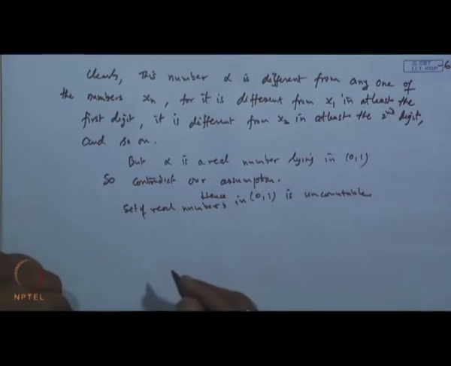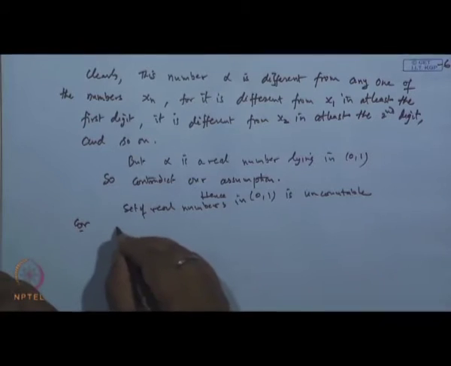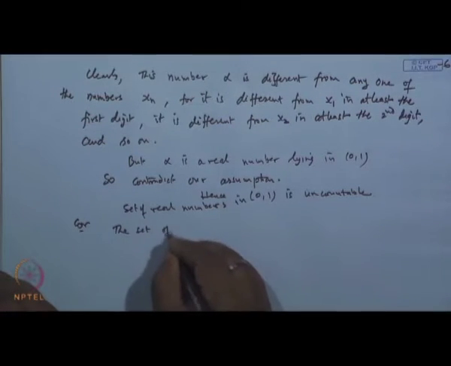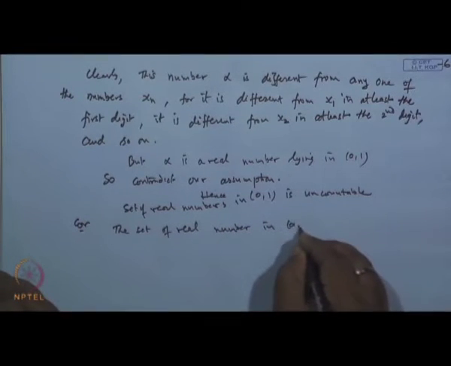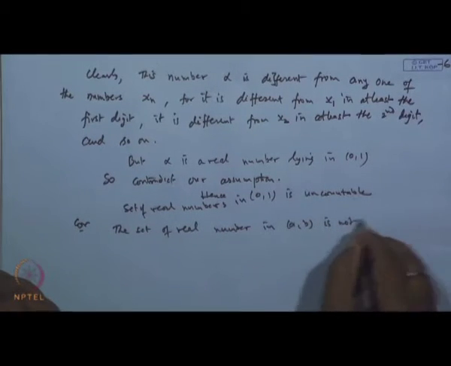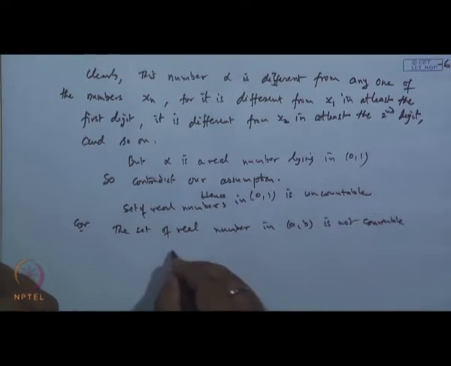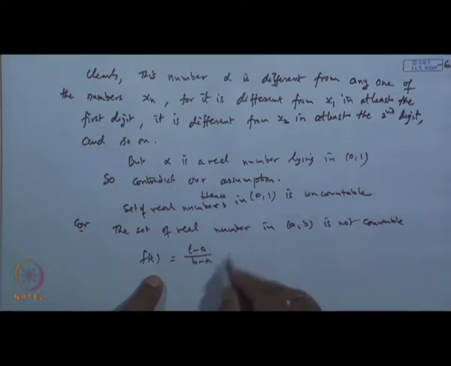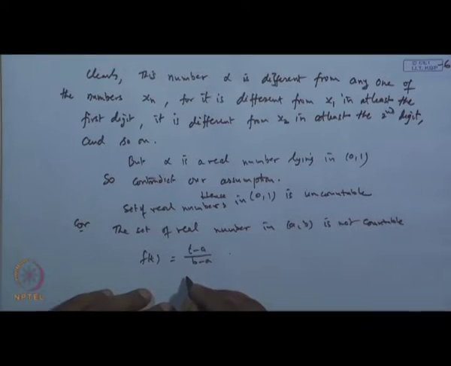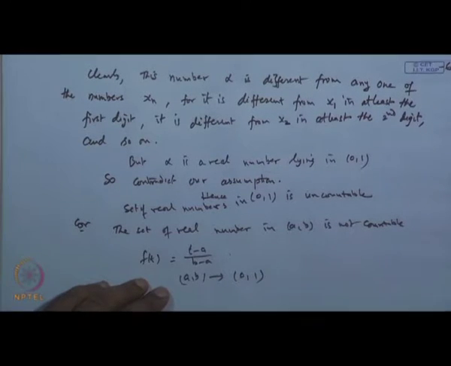Now, if we take any interval a b, the set of real numbers in it is not countable, because if I take the function f of t equal to t minus a over b minus a, this mapping will transfer the interval a b into the interval 0 1.